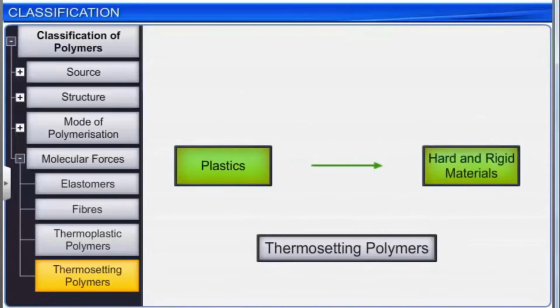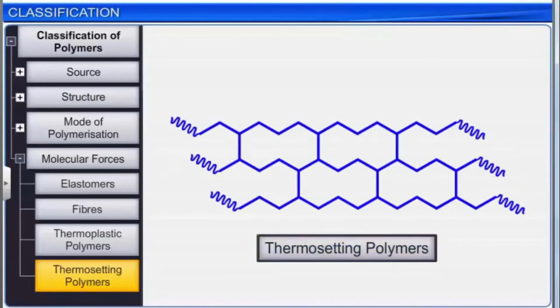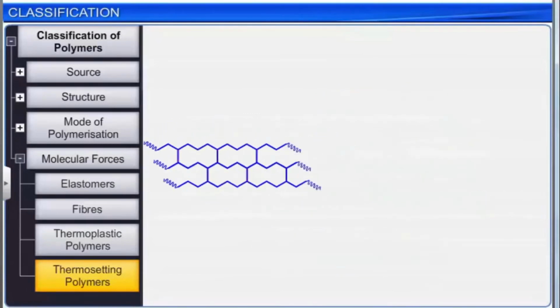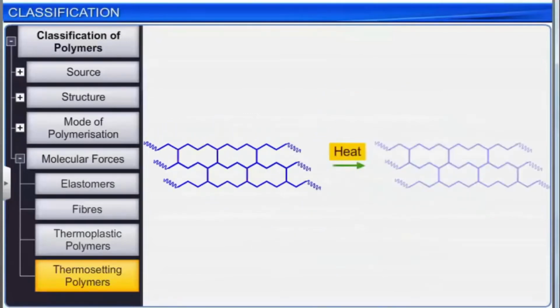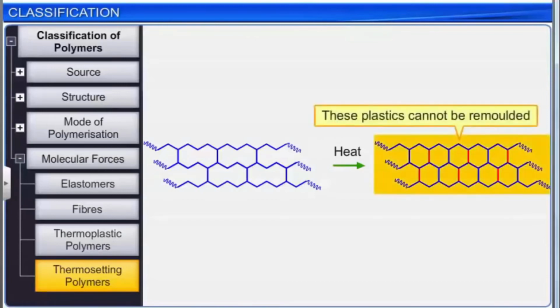Plastics that change into hard and rigid materials upon heating are called thermosetting polymers. The chains in thermosetting polymers are cross-linked or heavily branched. When heated, they form extensive cross-linking. As a consequence, these plastics cannot be remolded.